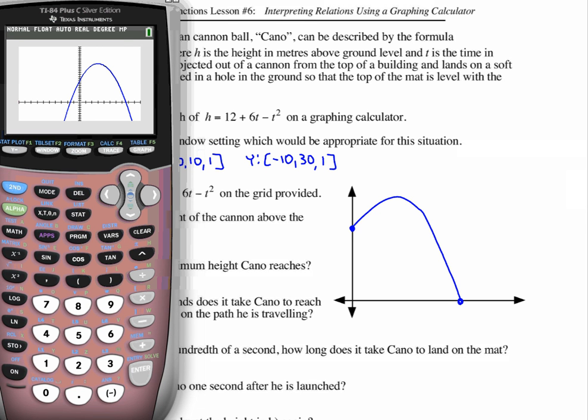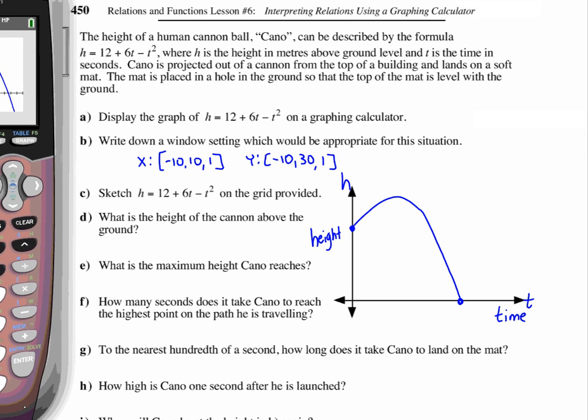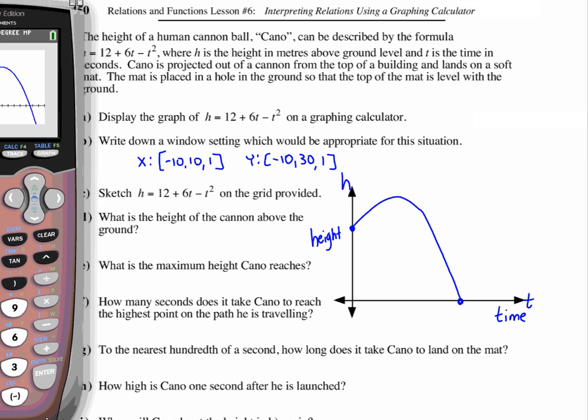What's going to go on the horizontal? Is it going to be height or time? Time is always on the horizontal, T. And vertical would be height, H.